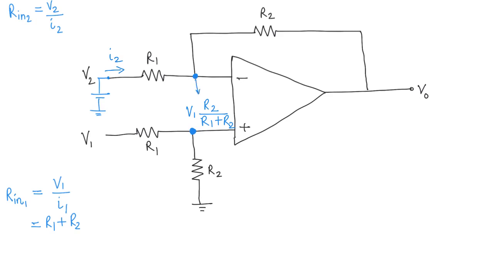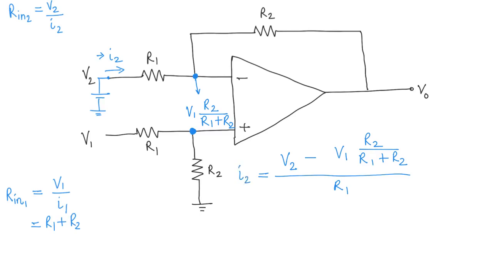Now let's write an equation for I2. So what do we get? V2 minus V1 times R2 over R1 plus R2, divided by R1, will give us I2.